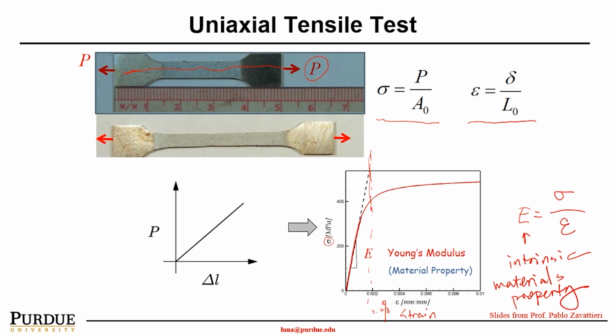In other words, we expect steel to have a very different Young's modulus from polymer, concrete, or wood. But if we keep the same recipe of the steel, or the same recipe of making the concrete, we can expect the same Young's modulus. It really doesn't depend on the sample size or the sample length.